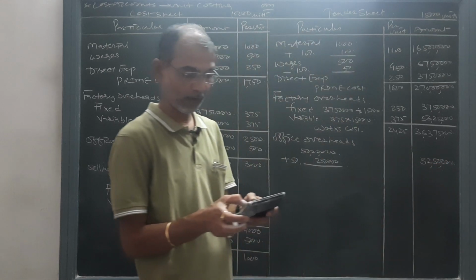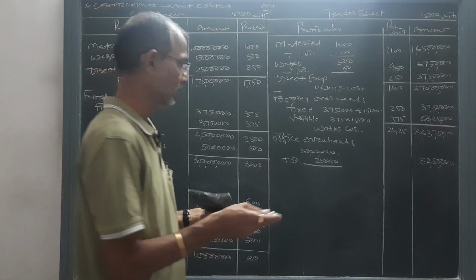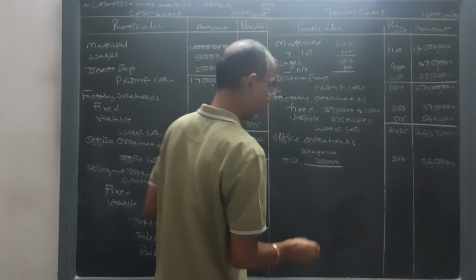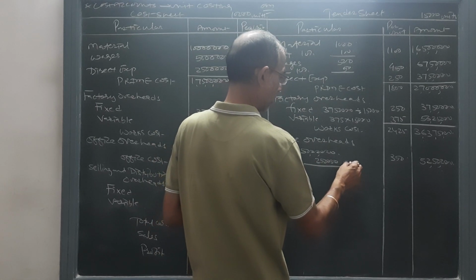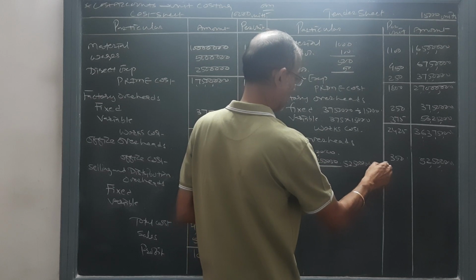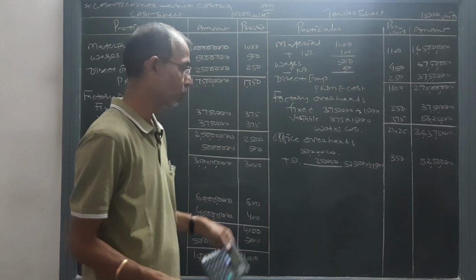And if I divide it with 15,000, per unit will come to 350. 52 lakh 50,000 divided by 15,000.